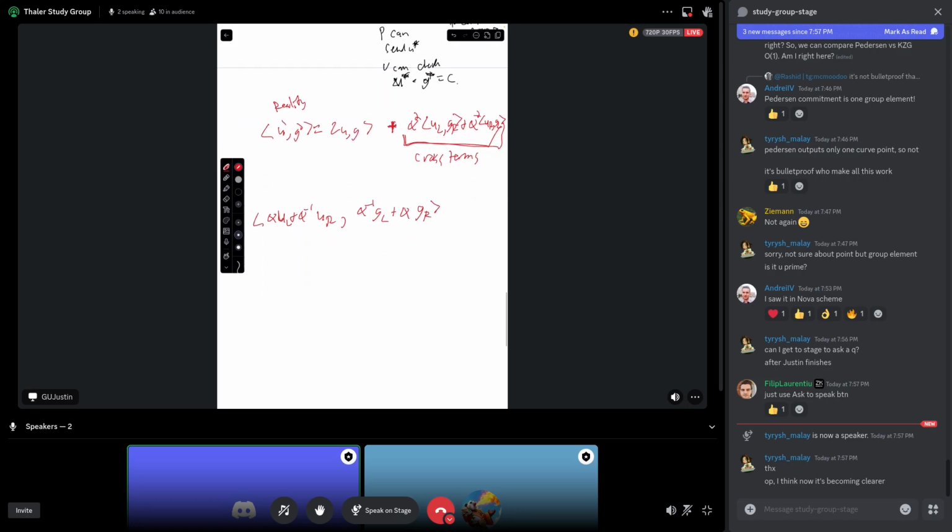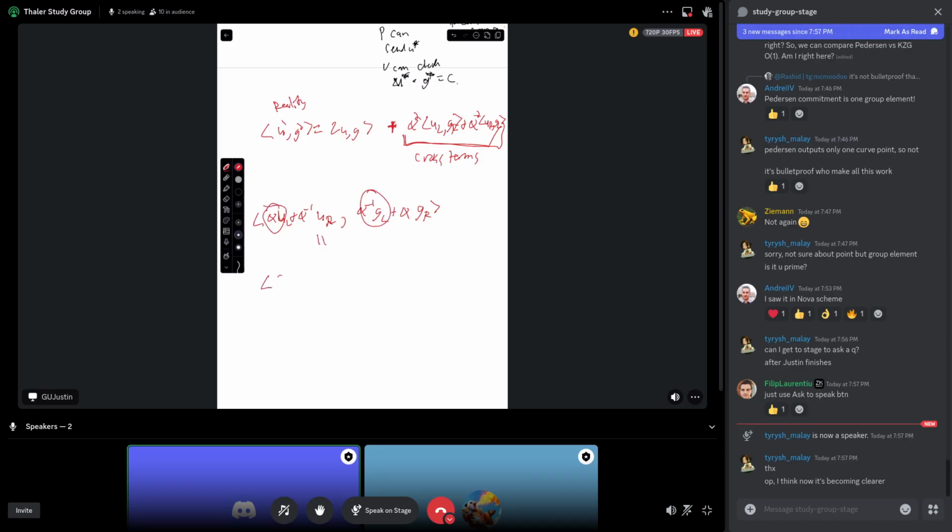By the distributive law, or bilinearity of inner products, or whatever you want to call it, we can expand this out. In 6th grade, I think we called this FOIL or something.